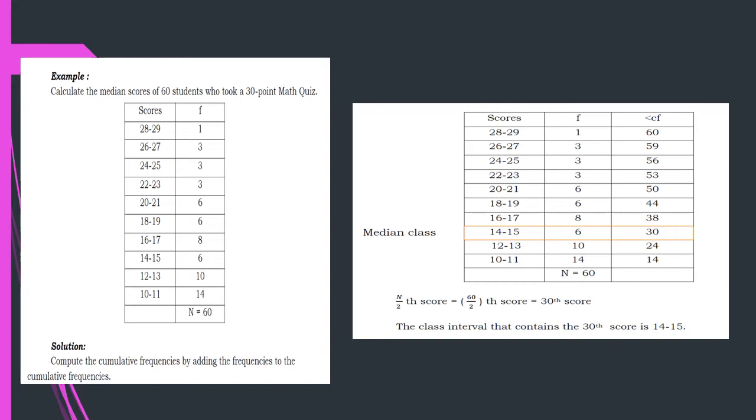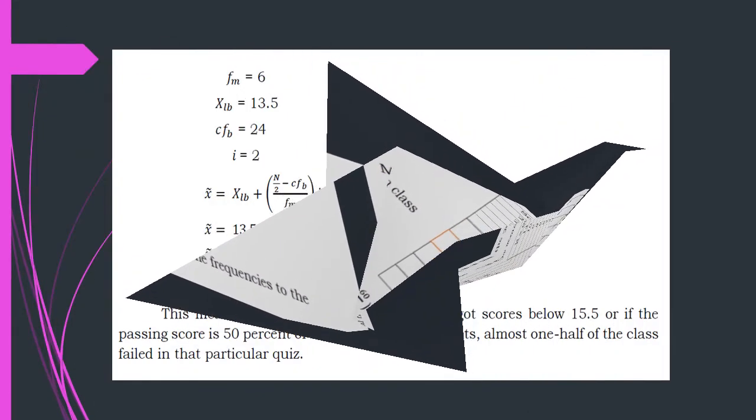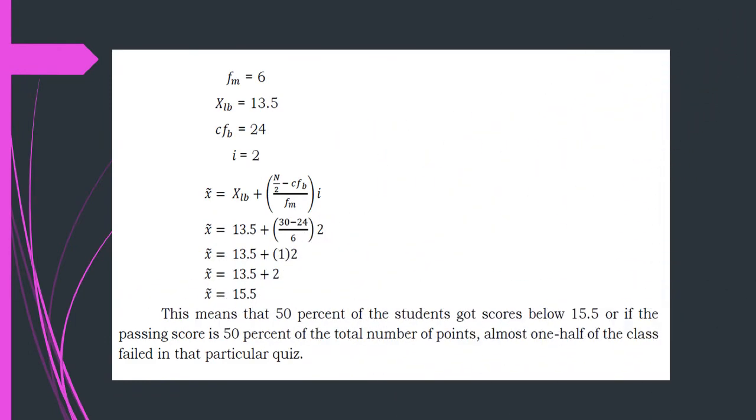So n divided by 2 is 60 divided by 2, which is the 30th score. The class interval that contains the 30th score is 14 to 15. So our FM is equal to 6, XLB is equal to 13.5, CFB is equal to 24, and our interval I is equal to 2. Simply substitute these to the formula.